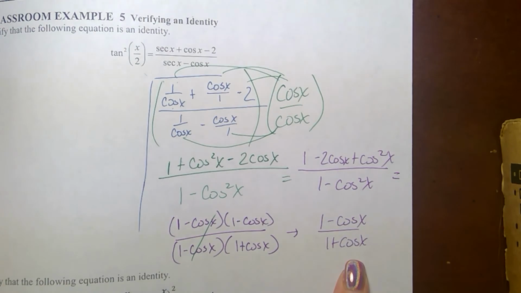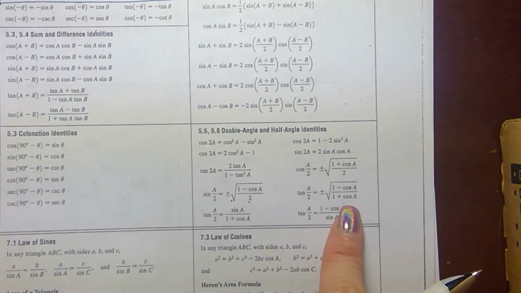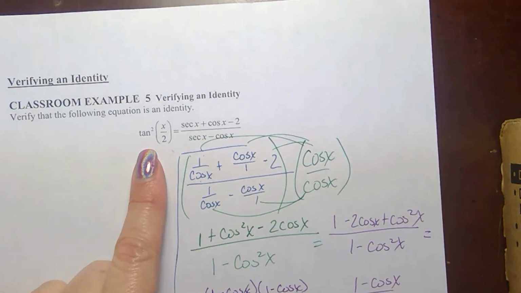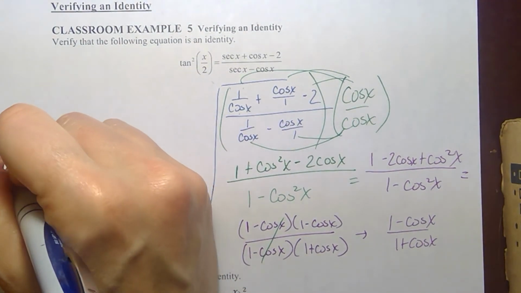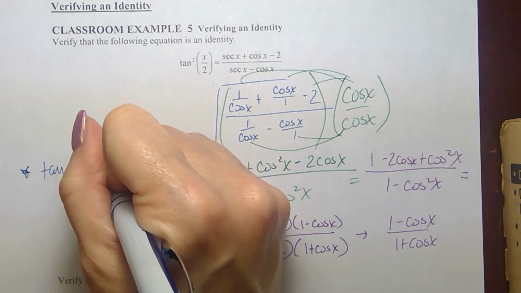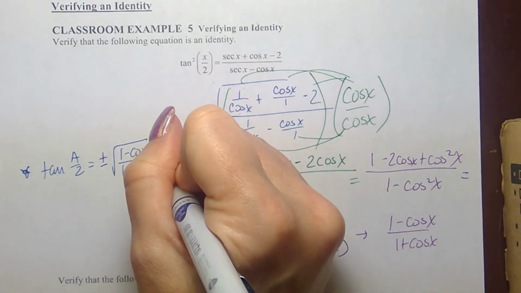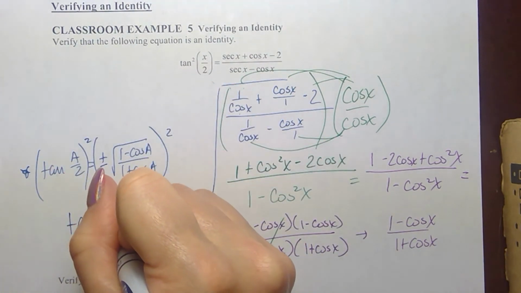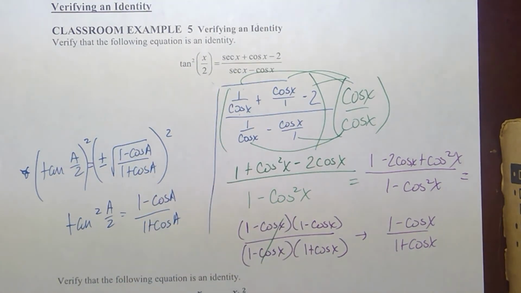Well, you know what? That is almost a tangent half angle. If I took this identity and squared both sides, I would get this. So I might want to say off to the side, look here, I've got this tangent half angle, which is equal to plus or minus the square root of 1 minus cosine A over 1 plus cosine A. If I were to square both sides of that, I get tangent squared A half equals this right side.